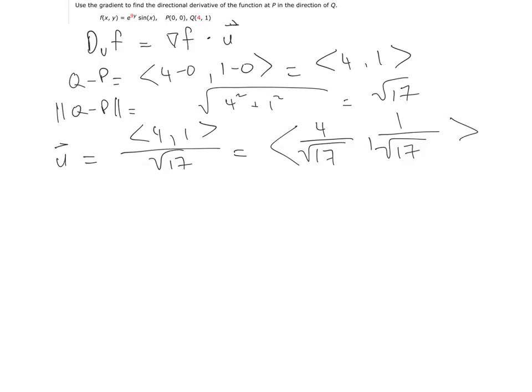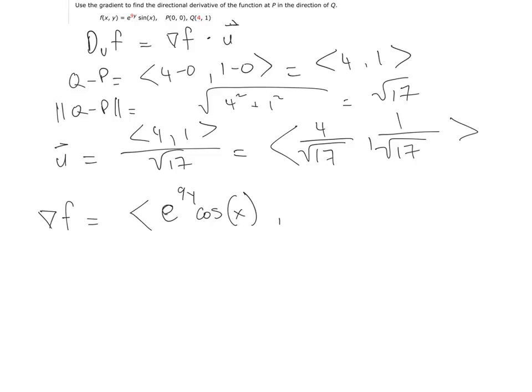Now you have the u vector. Now let's find the gradient. So to find the gradient, you find the partial derivative respect to x, and then find the partial derivative respect to y. So the gradient will be partial respect to x, so you would get e to the 9y cosine of x.